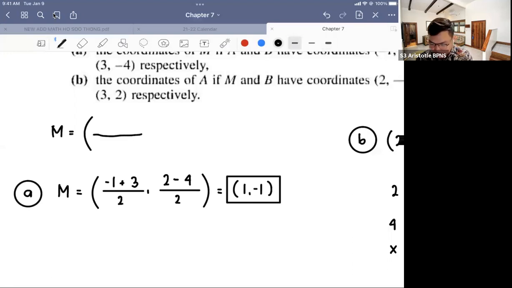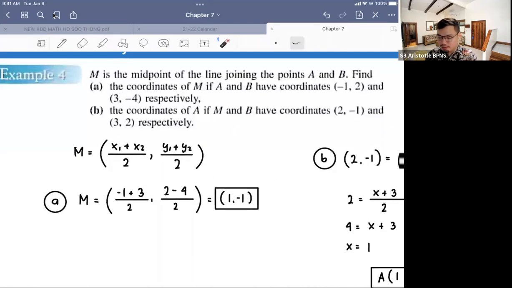The first one is for X, the second one is for Y. So you have X sub 1 plus X sub 2 divided by 2. And the same goes with Y. So Y sub 1 plus Y sub 2 divided by 2. All right, and that's it.